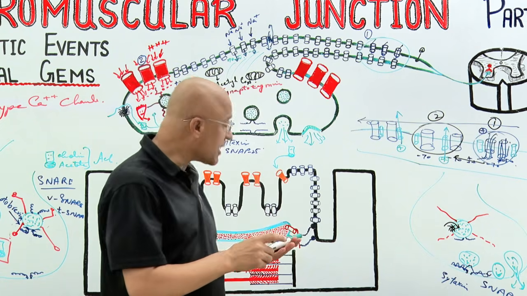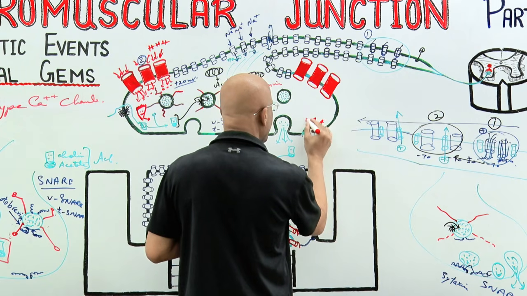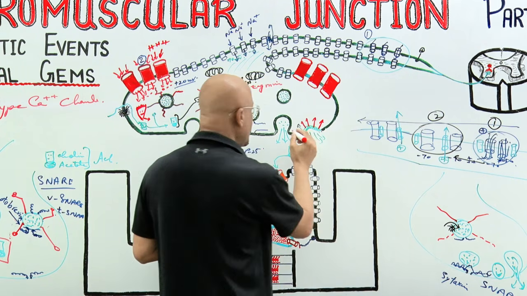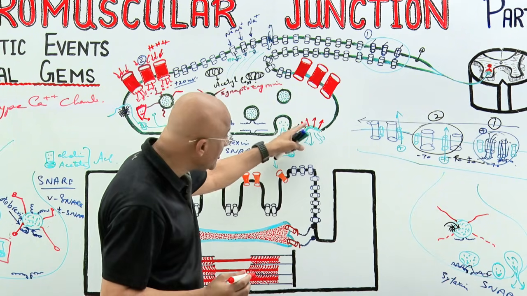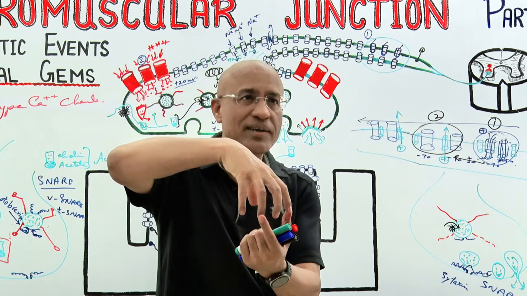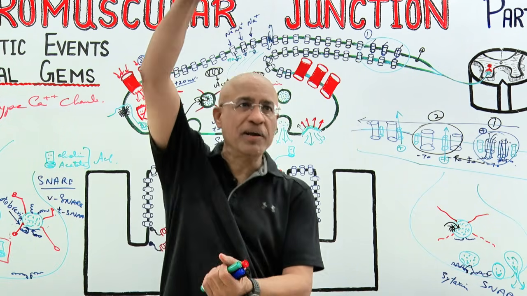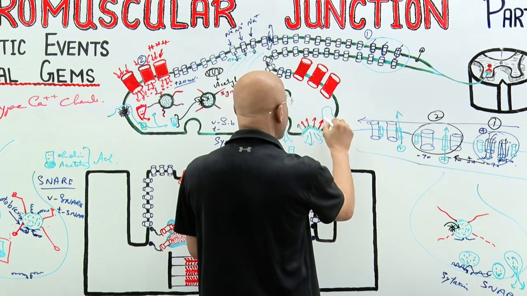For pulling back, there is a special type of protein which will come and bind here. When the vesicular membrane becomes part of the nerve ending membrane, this specialized vesicular membrane will attract certain proteins which will come and bind. And they will pull this membrane inward. And the membrane will again start going backward, but now it is empty.